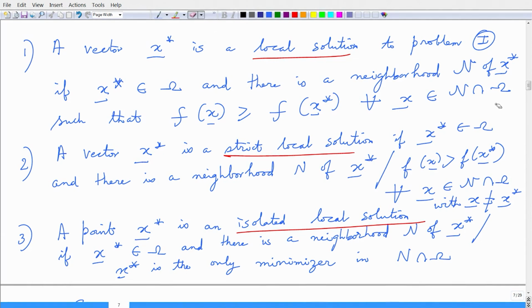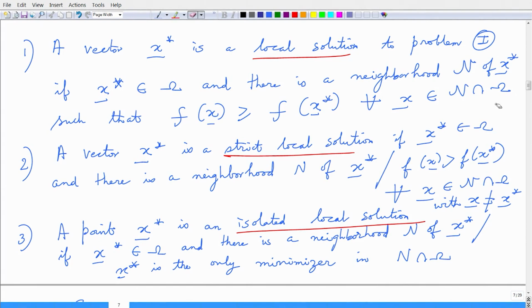So, if you go away from x star in whichever direction in the neighborhood, your objective would tend to increase, and that is the meaning of f of x greater than or equal to f of x star. But when we want to bring in the strict notion on the local solution, then f of x has to be strictly greater than f of x star, and therefore x is not equal to x star and x belongs to this neighborhood intersecting the constraint region.